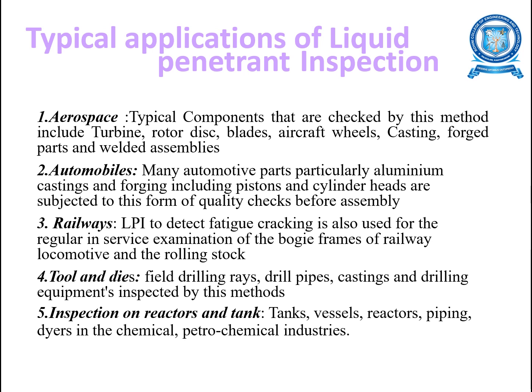And it is used in railways, to find fatigue cracking in regular in-service examination of the bogie frames of railway locomotives and rolling stock. Liquid penetrant inspection is also used for drilling rigs, drill pipes, castings, and drilling equipment.